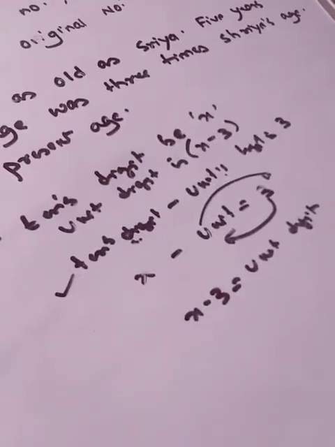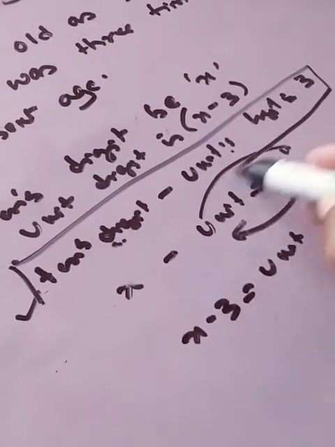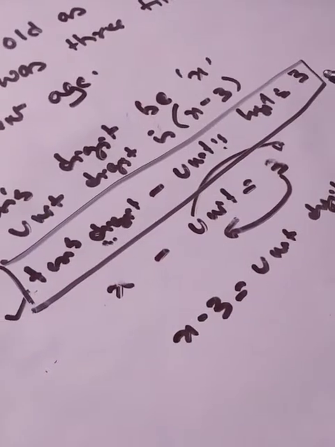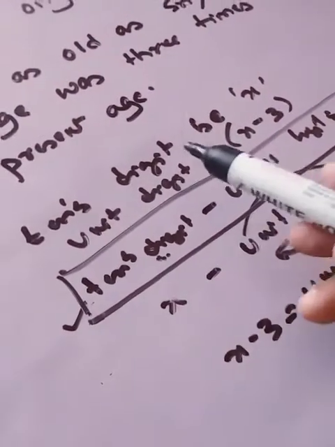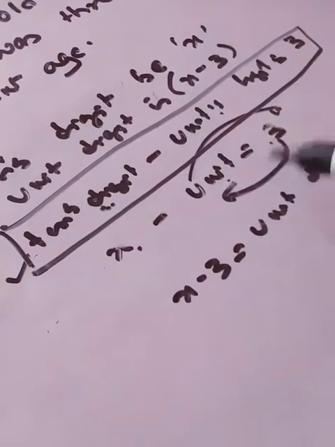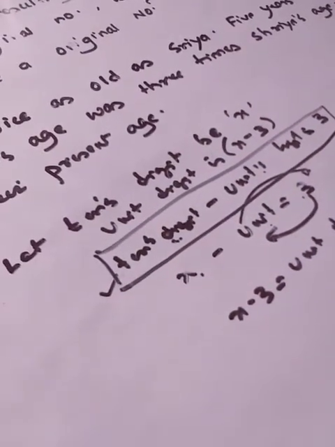I hope you have understood. If we keep x in the place of the tens digit, the difference between tens digit and unit digit being 3, we get the value of the unit digit as x minus 3.